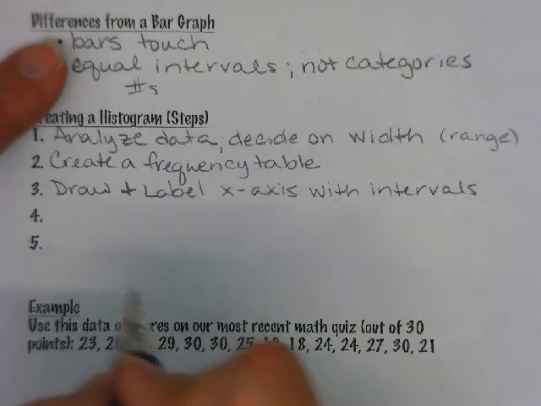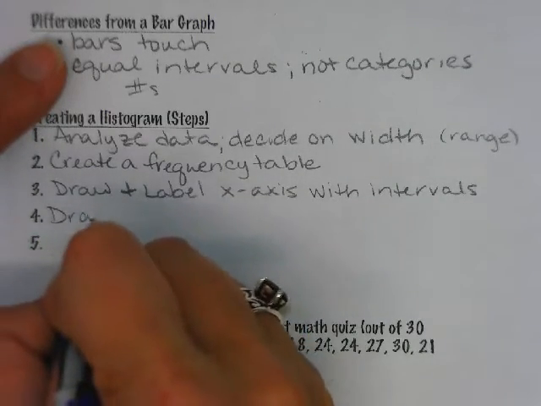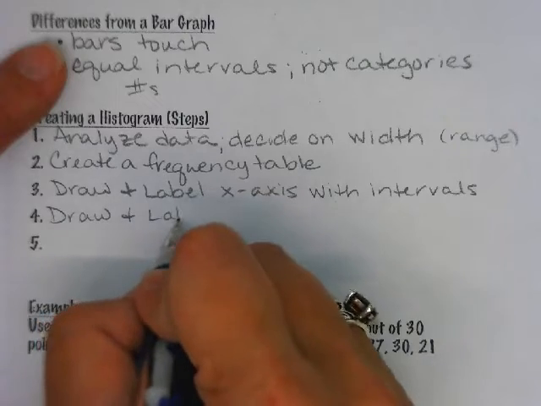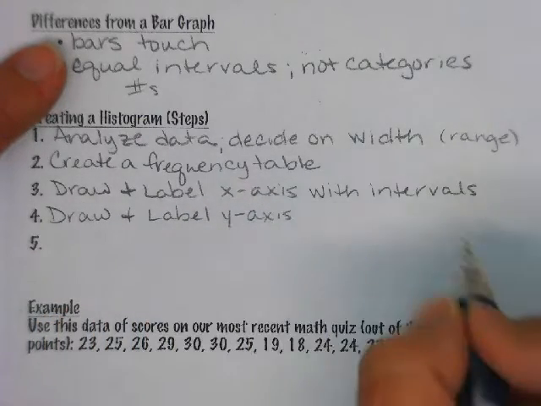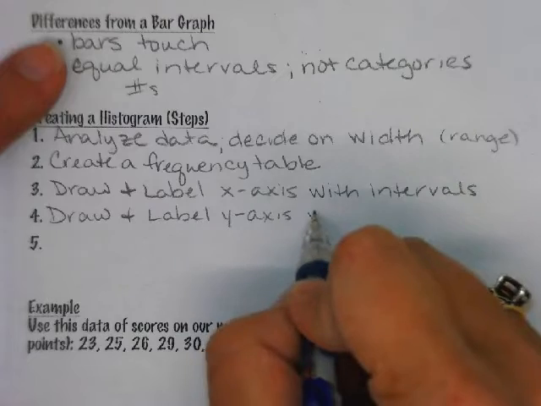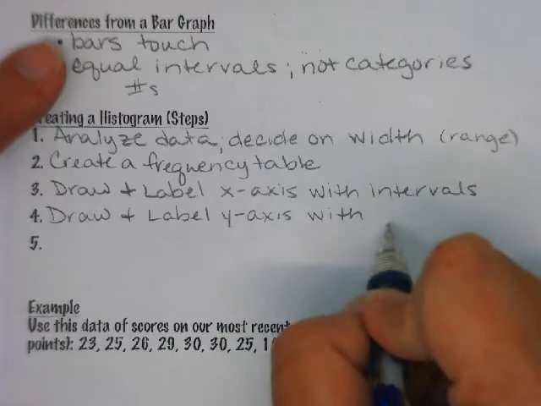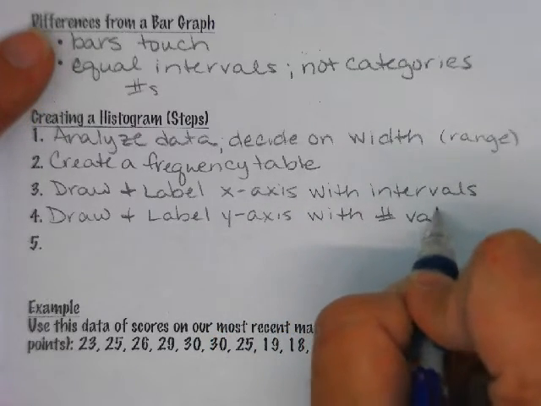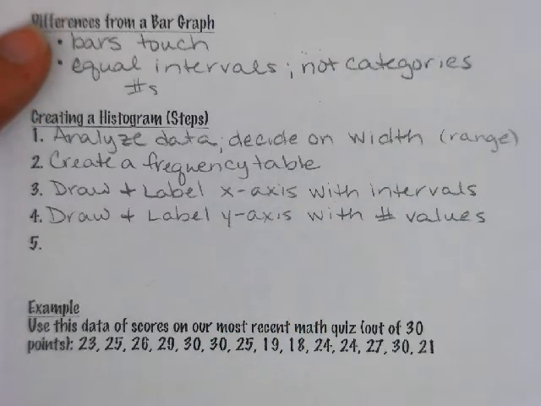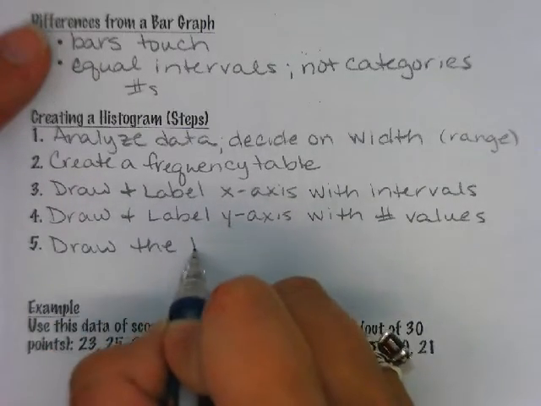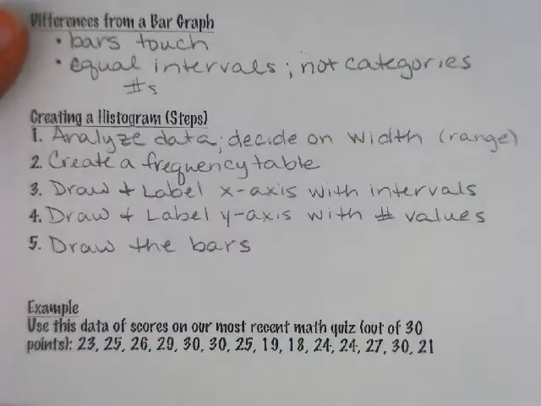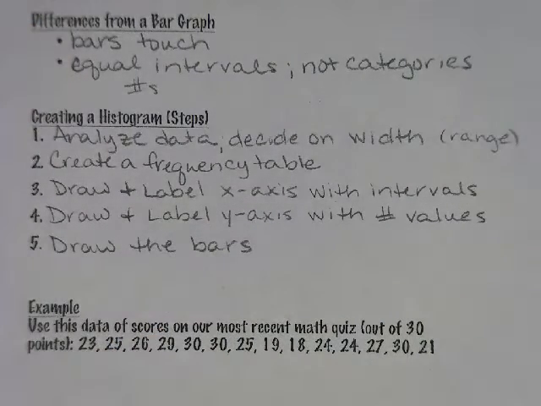And then we're going to draw and label the y-axis with number values, right? So we know how tall each one is. And then we're going to draw the bars.